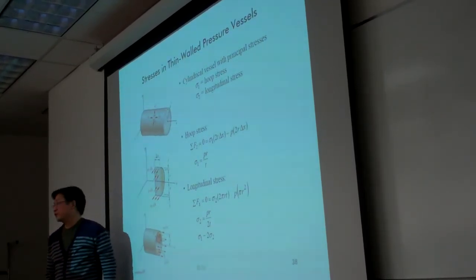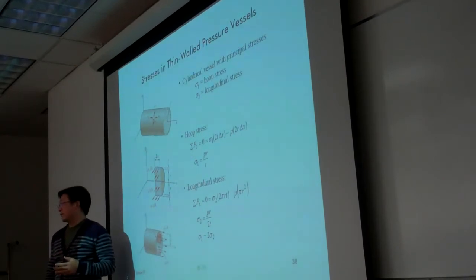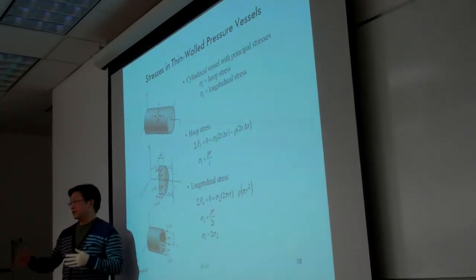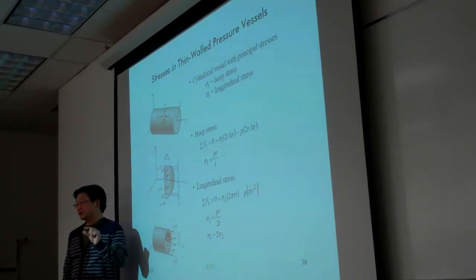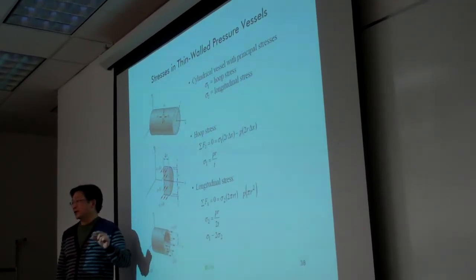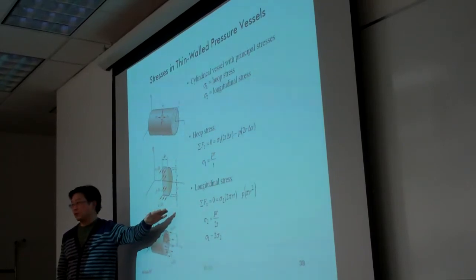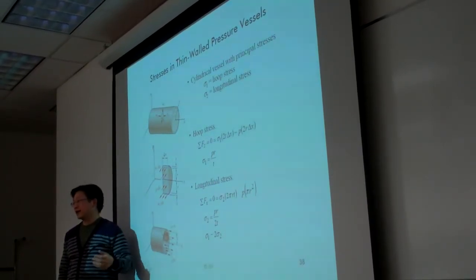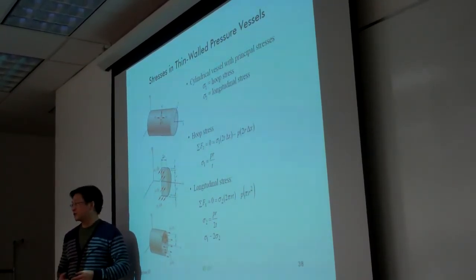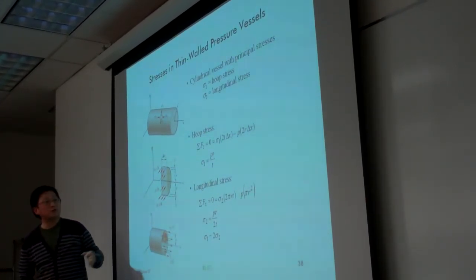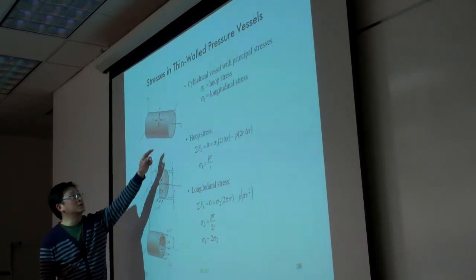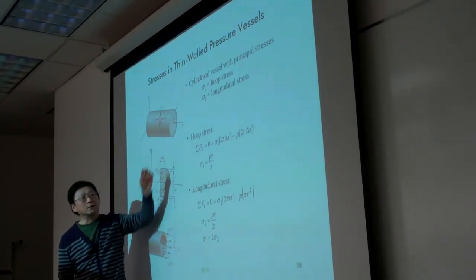How small? We say one order of magnitude smaller than the other dimensions. If the tank thickness is too thick, then the theory we're going to discuss here won't apply. Then we'll have to apply the other theory we call thick wall theory, which comes with a nonlinear expression. So here we just simply assume the thickness t is small, okay?